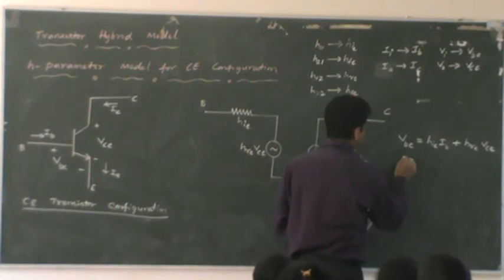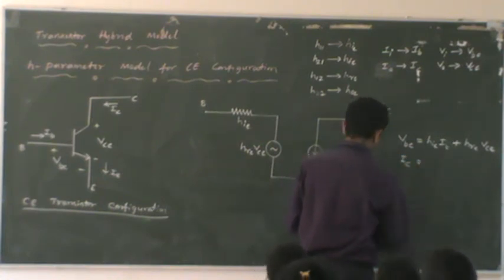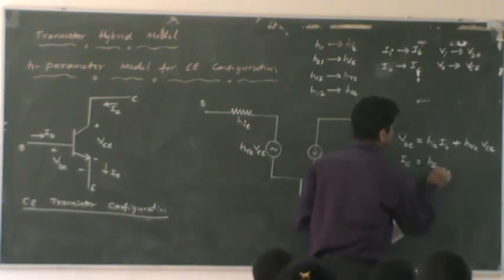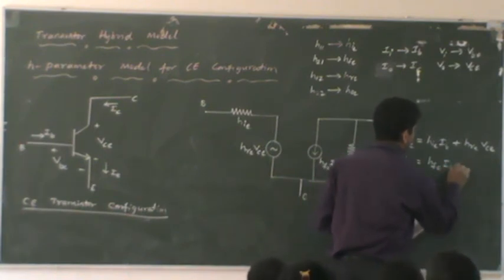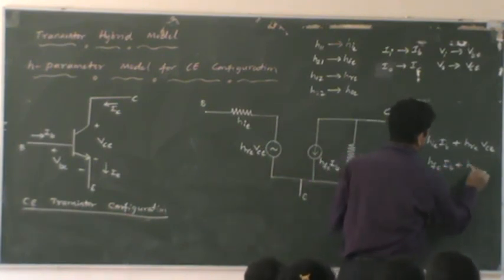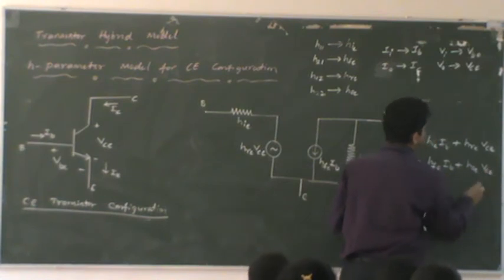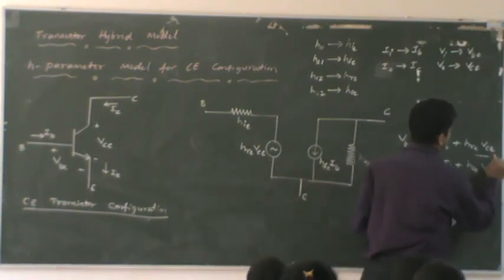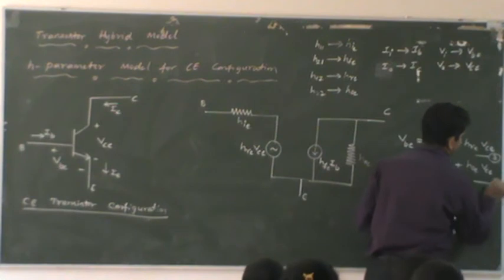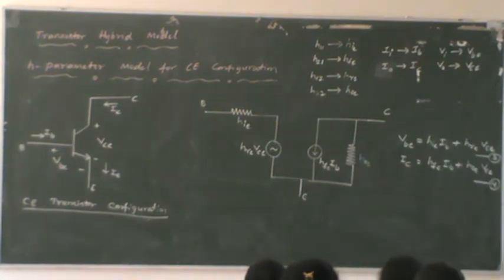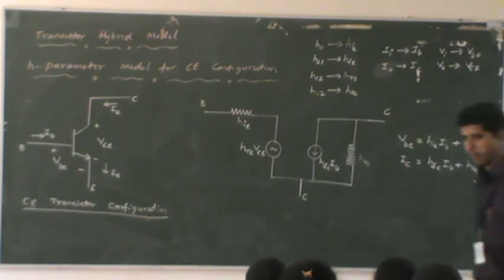Similarly, we can write the second equation, IC equal to HFE times IB plus HOE times VC. You can call these equation number 3 and 4, so it becomes easy for you to link. 1 and 2 are general, 3 and 4 are for common emitter configuration. Similarly, you can write 5 and 6 for common collector and 7 and 8 for common base.